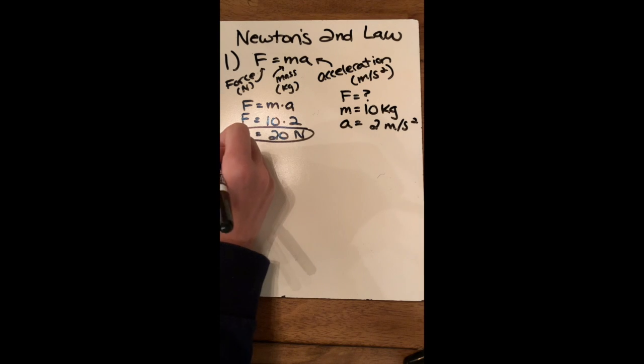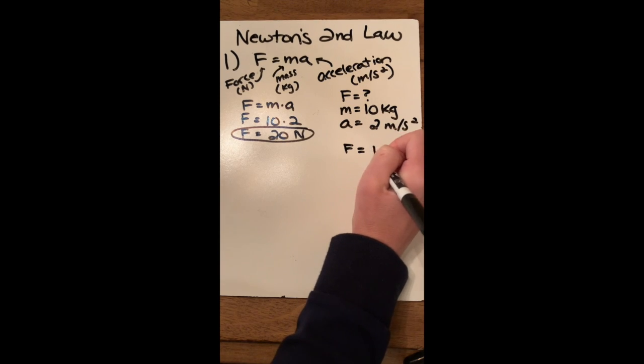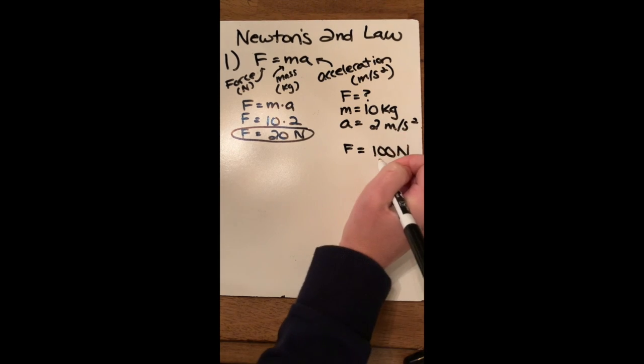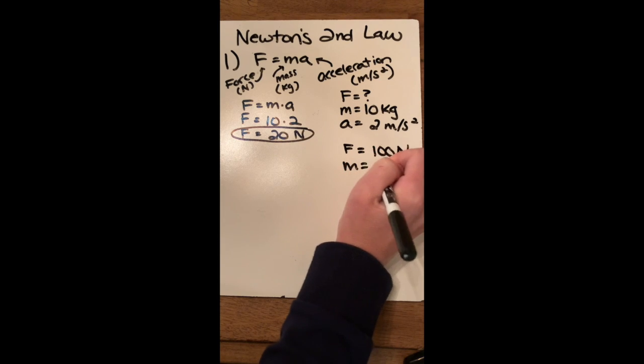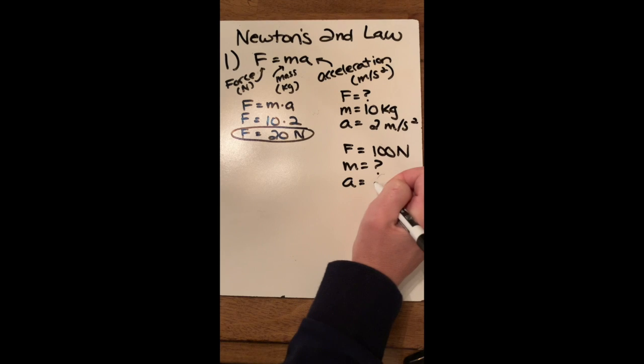Let's move on to another scenario. Let's say I know the force, it's 100 newtons. I don't know the mass, but I do know the acceleration is 4 meters per second squared.